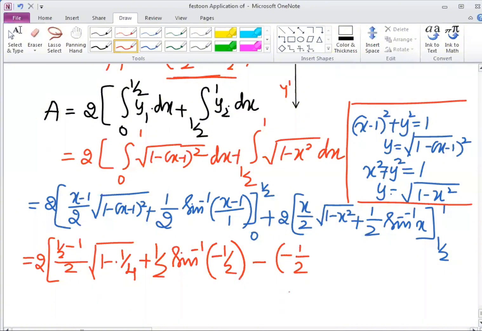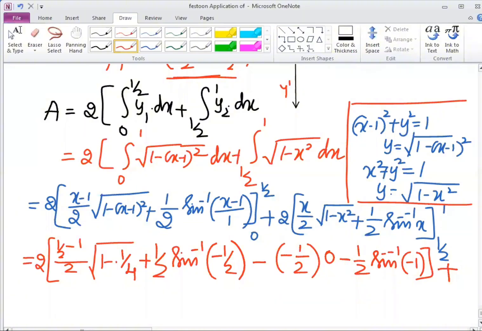Now we are applying the limit 0, 1, so into 0 minus half into sine inverse of minus 1. I have written this. This is not the end.